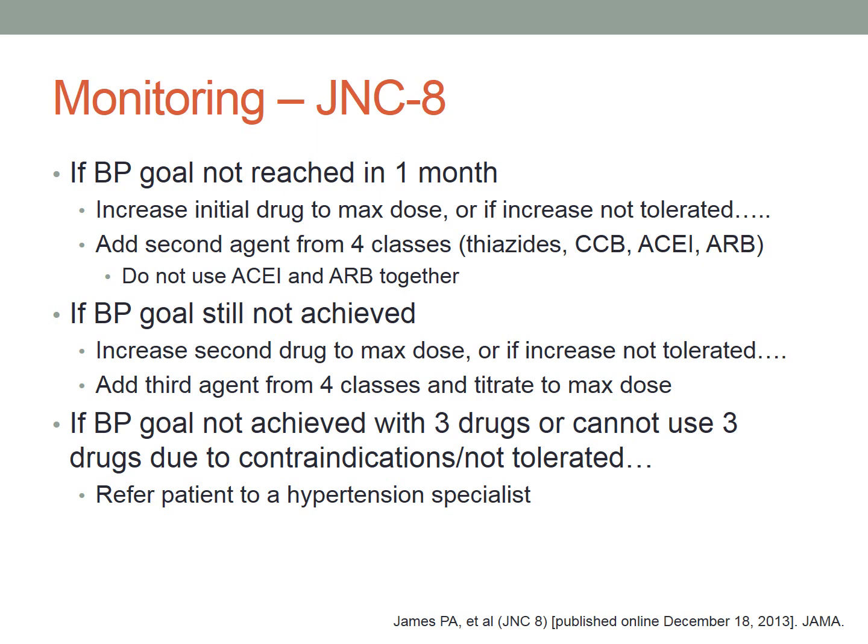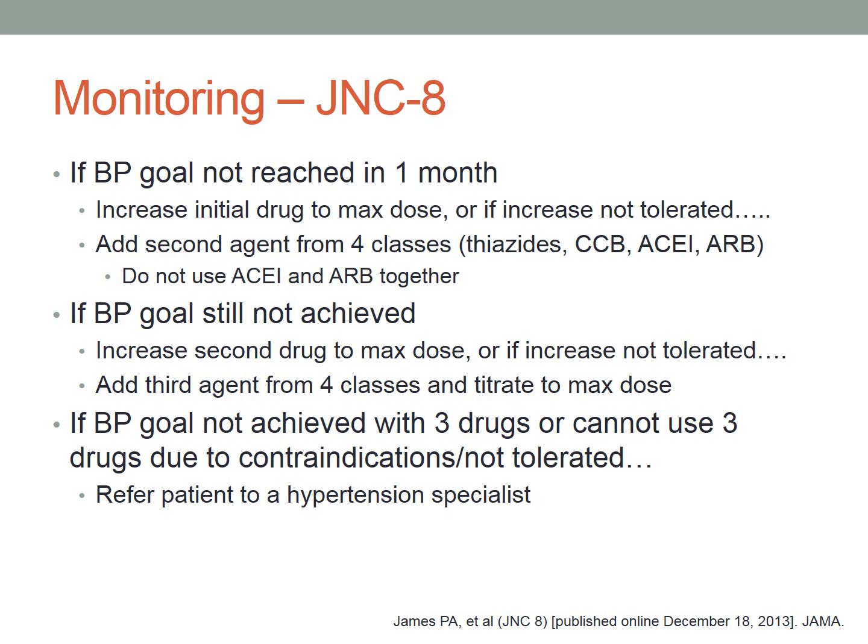And then again, as a reminder, do not use an ACE inhibitor and an ARB together. And again, from a pharmacist perspective, I really would recommend that you try to titrate up that initial drug before adding on a second drug. If the patient tolerates it, then it would be advantageous to not have them on more than one agent.